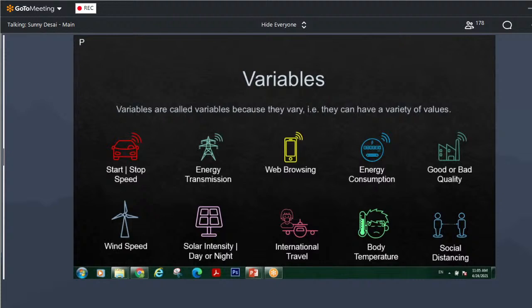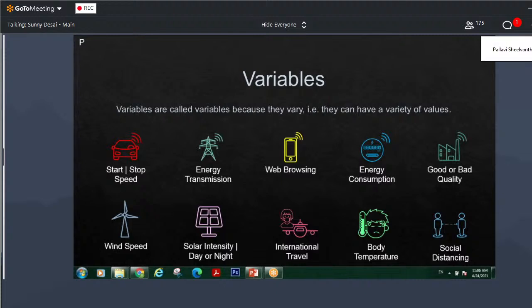Right now I'm sitting in an air-conditioned room. The temperature of the air conditioner is set to 25 degrees. That is one type of variable. And whether your air conditioner is running or not running becomes a different type of variable, right?